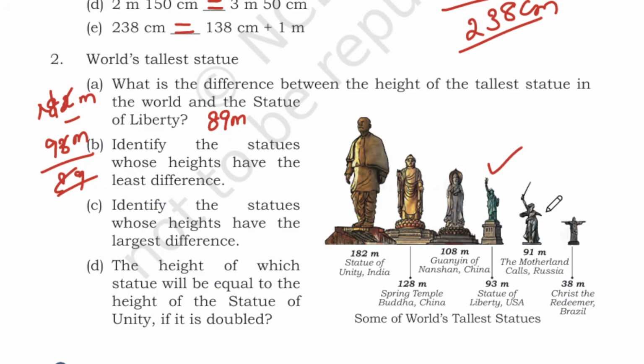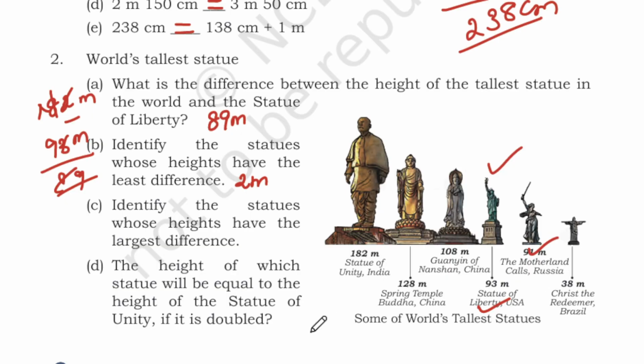See, 91 and 93, these two are very near: The Motherland Calls, Russia and the Statue of Liberty. When you subtract 93 minus 91, you will get 2 meters. So the statues with the least difference, which is 2 meters, are the Statue of Liberty and The Motherland Calls, Russia.